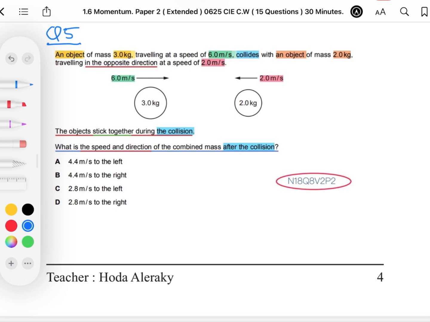Total momentum before collision of the two objects is equal to total momentum after collision.